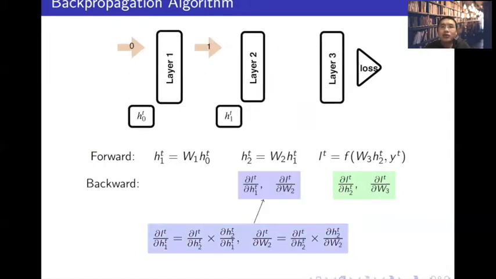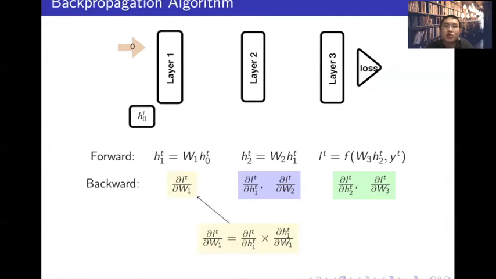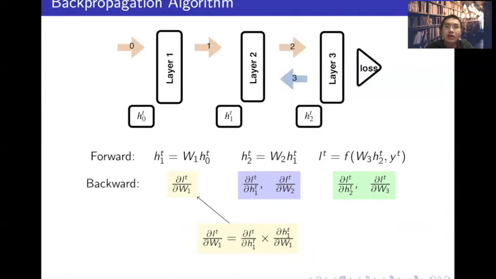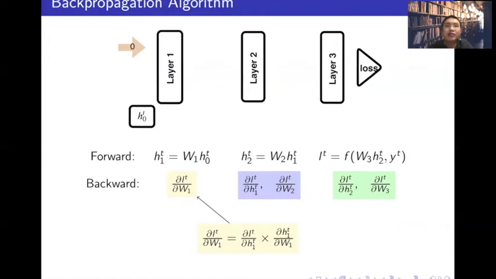Then layer 2 computes the gradients of partial Lt over partial H1t and partial Lt over partial W2. In the computation, it will require the gradient result from layer 3, which is partial Lt over partial H2t. After the computation in layer 2 is done, layer 1 will receive the result from layer 2 and compute gradients regarding W1. So this is the process of the BP algorithm.